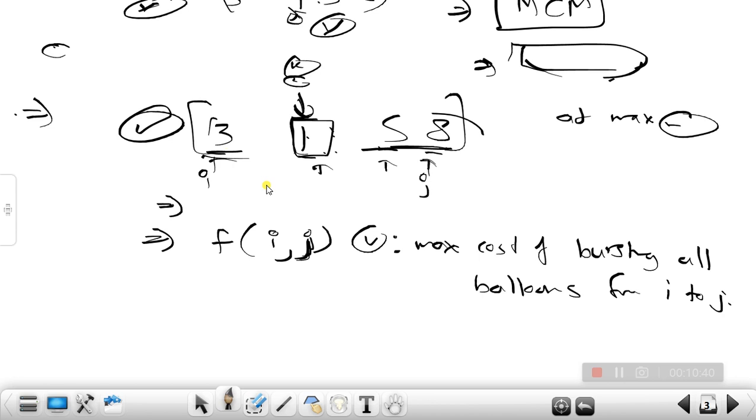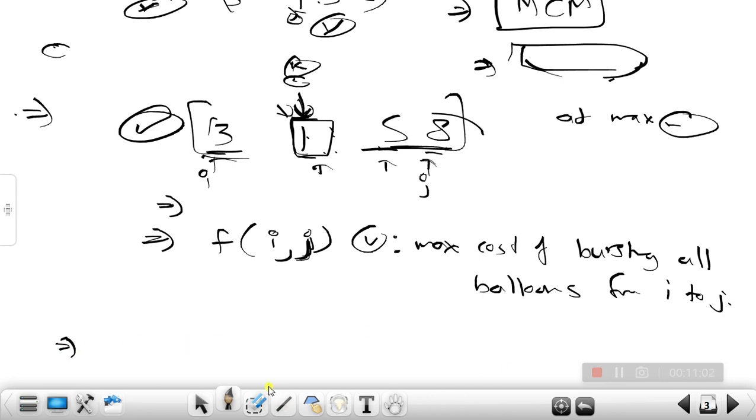Now from i to j, I'm going to consider all the balloons that I have, and I'm going to keep that one balloon and burst all the rest, and at last I will burst that balloon. Let's take this particular index k, and I want to keep this balloon and burst all the rest of the balloons. So how to do it?